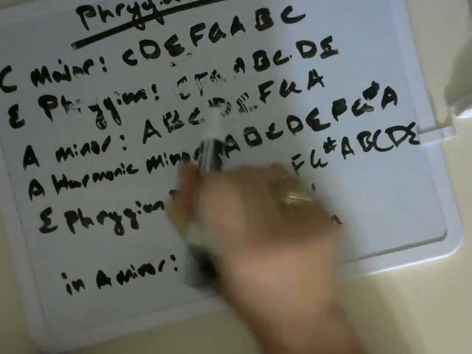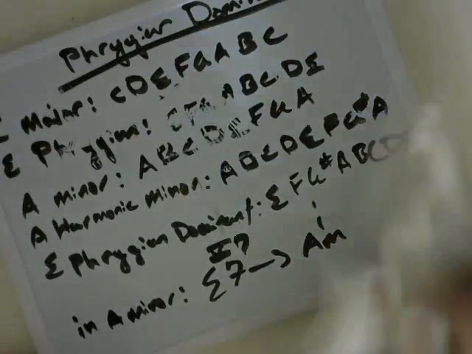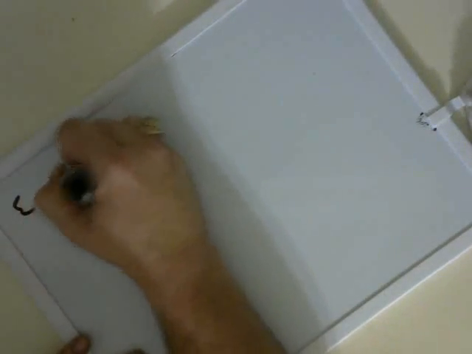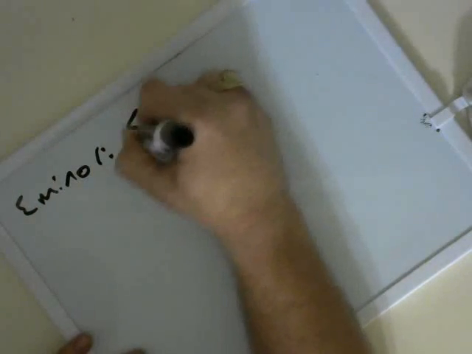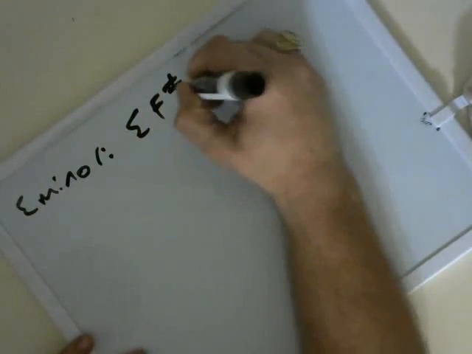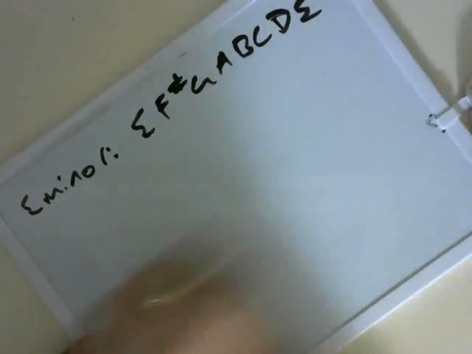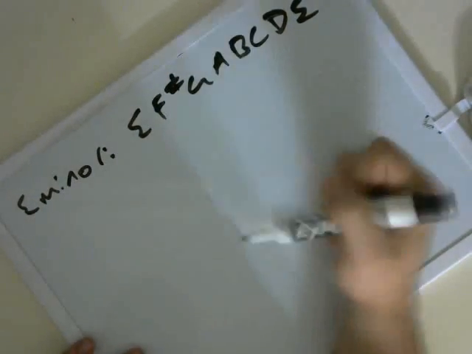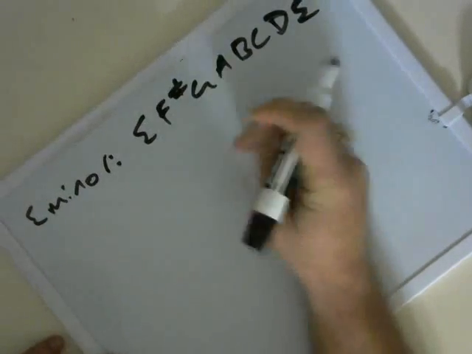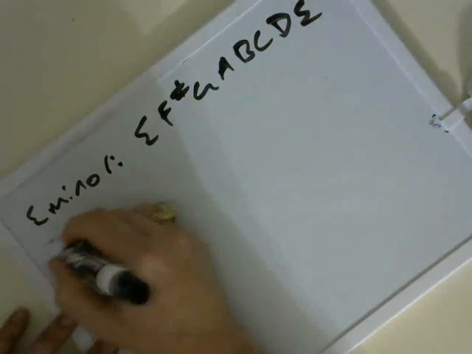So if I have just an E minor scale, which is E, F sharp, G, A, B, C, D, E, and then I want to get to what I just played, the E harmonic, or the E Phrygian dominant.